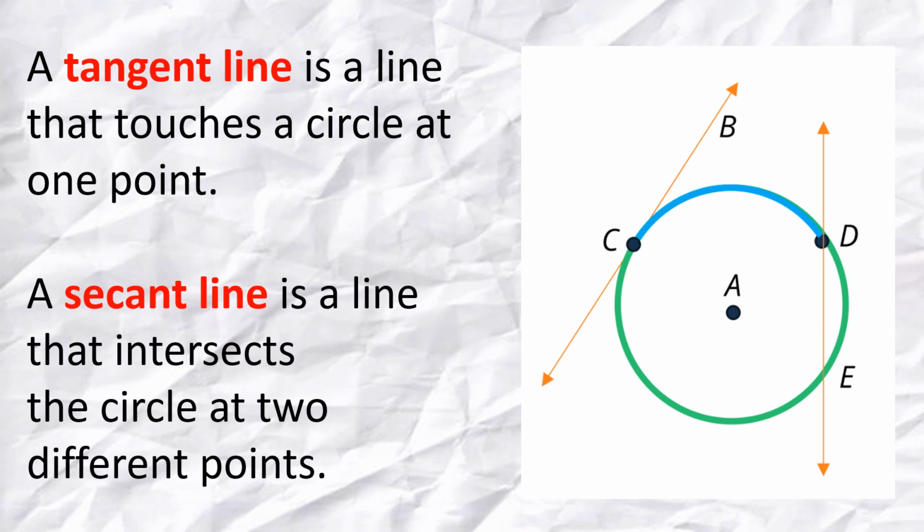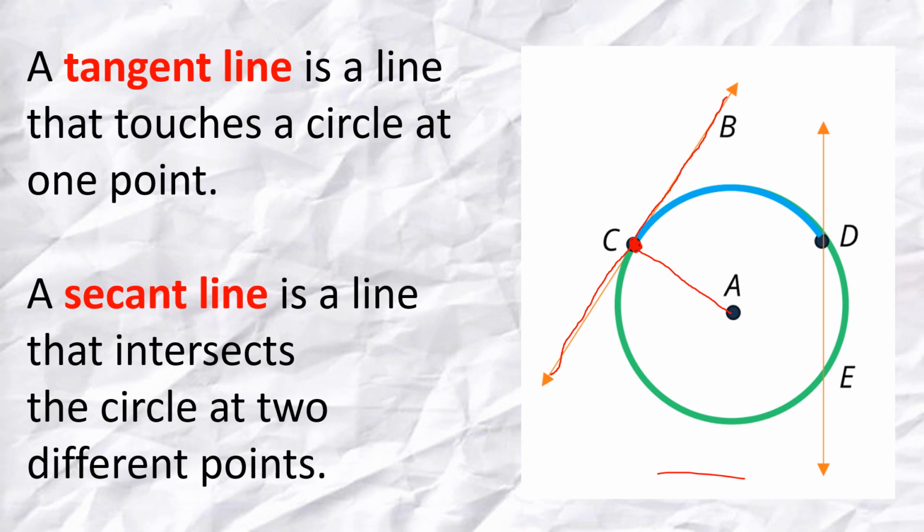A tangent line is a line that touches a circle at one point. A secant line is a line that intersects the circle at two different points. In this figure, line CB is a tangent to the circle, and it touches the circle at point C, and it is perpendicular to the radius AC.